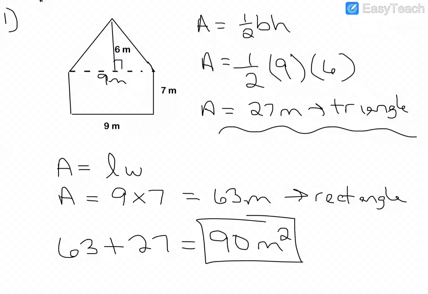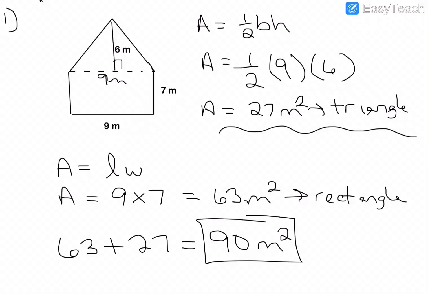Remember, area is always square units or units squared, because not only are you multiplying 9 times 7, but you're multiplying meters times meters. So meters times meters is meters squared. Okay? So my mistake for forgetting that part. These are all meters squared.